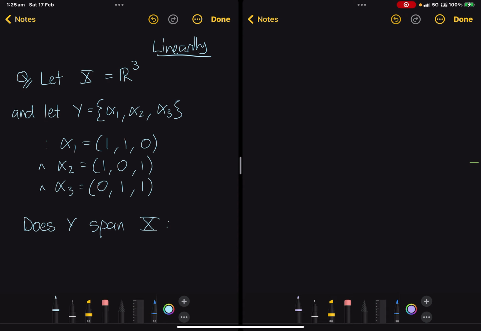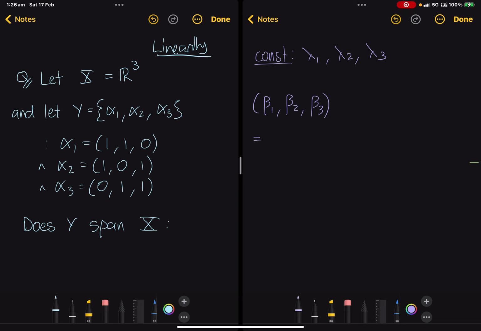Okay, so what we're going to do here is introduce three constants. I'm going to call them lambda 1, lambda 2, and lambda 3. We are going to introduce a new vector, which we might call beta 1, beta 2, beta 3, and this vector is going to be contained in Y. It is going to be a linear combination of these scalar values multiplied by the three vectors alpha 1, alpha 2, alpha 3.